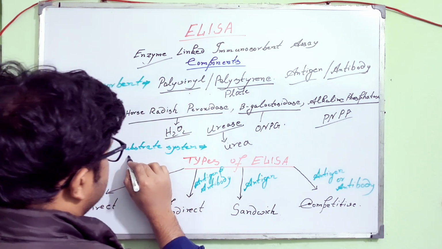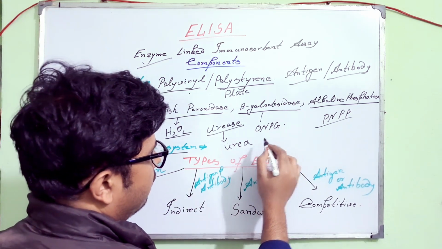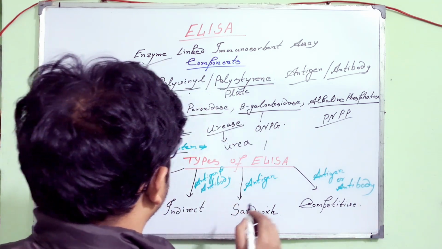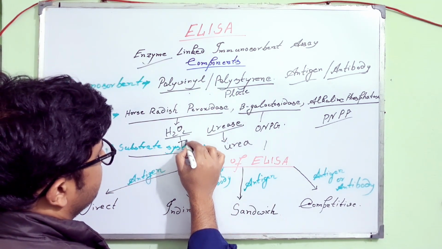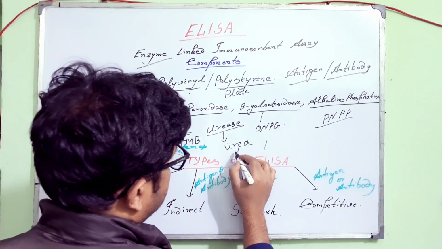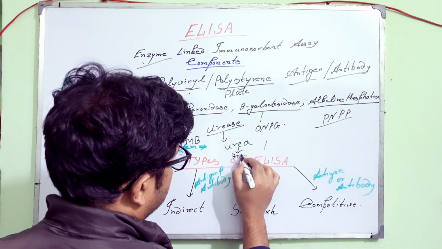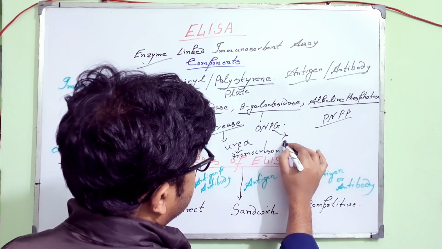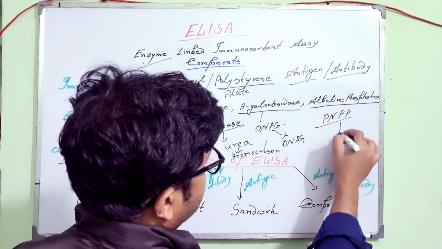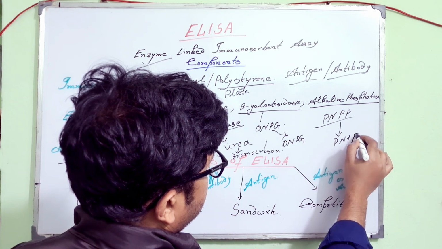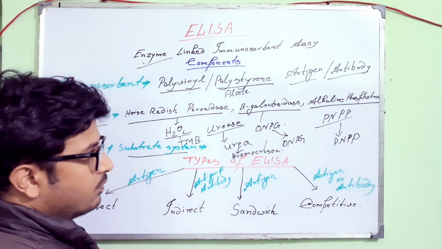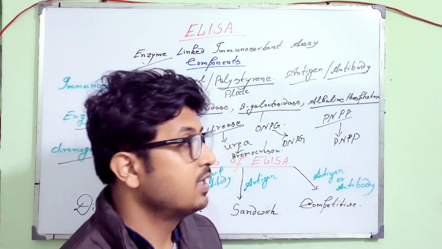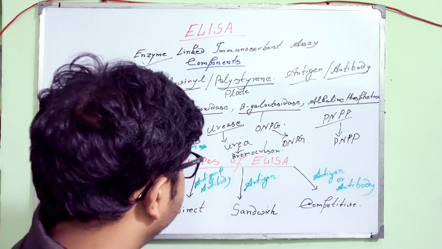I will give you a chart of commonly used enzymes, their substrates and the chromogens. Here the chromogen is TMB. Here the chromogen is bromocresol. In these two cases, the substrate itself is the chromogen, or the product itself acts as a chromogen, which will give you the color.